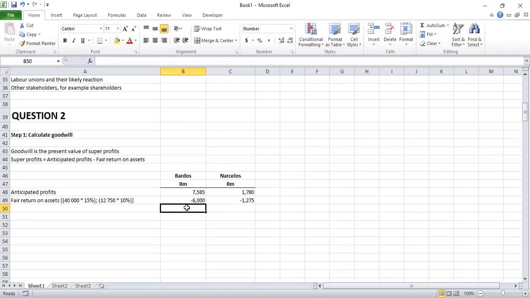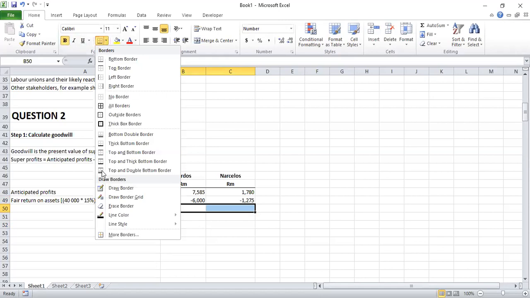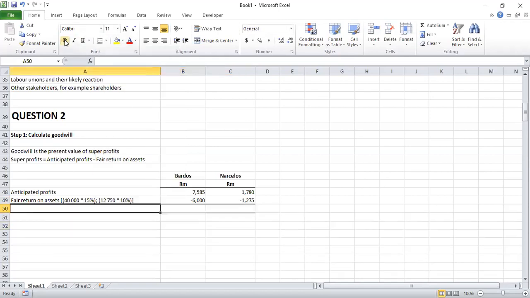Right. So these are the super profits. The difference is the super profits. Right. I'll tell you the meaning of these figures then. What we are saying is the assets on their own, without the name of the company, can generate 6,000 for Bados. But because Bados has created other advantages, for example, an experienced workforce, a good management team, good location, customer loyalty, they are getting 7,585. Same as Nacelos.